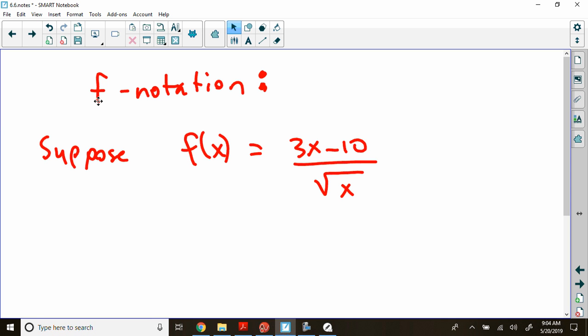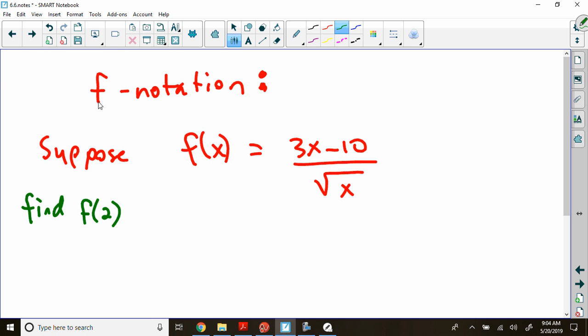If you really understand f notation, you should be able to go ahead and find f of 2. What does that mean, f of 2? Well, we know that f of x is 3x minus 10 over the square root of x. F of 2 says, rather than f of x, we're taking f of 2. So wherever there's an x, we're going to put a 2 in its place.